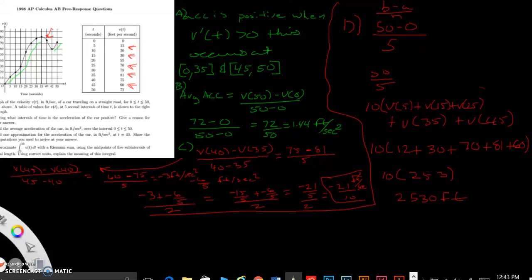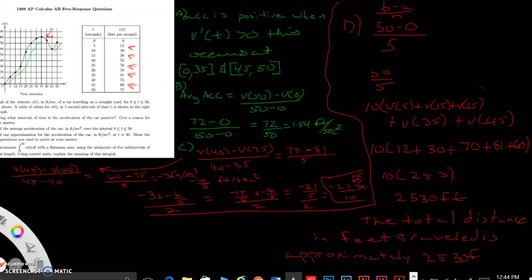So when you explain this, the total distance, and it's an approximation, the total distance in feet traveled is approximately 2,530 feet between 0 and 50 seconds.